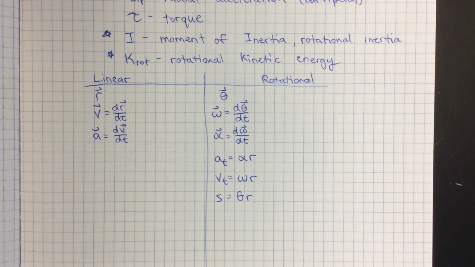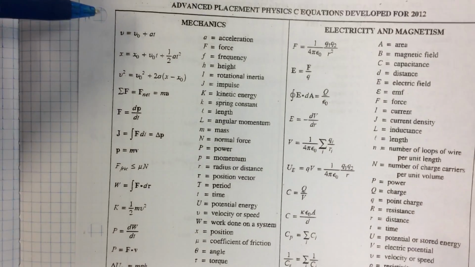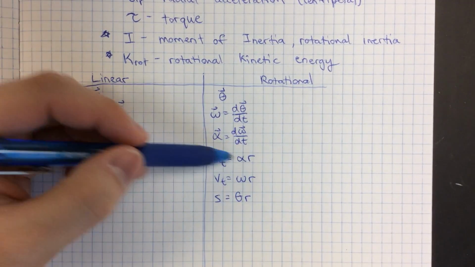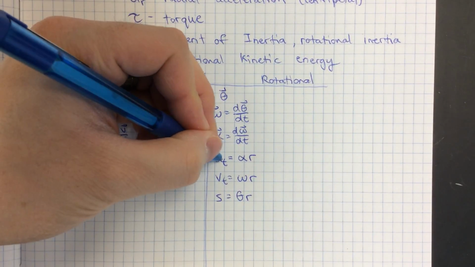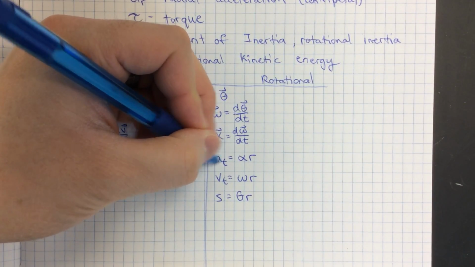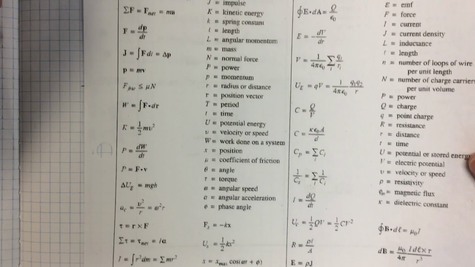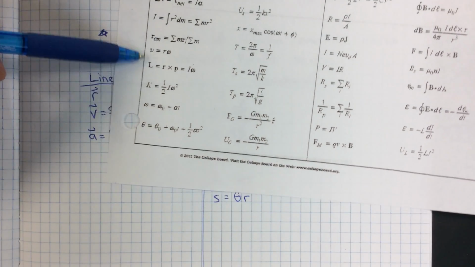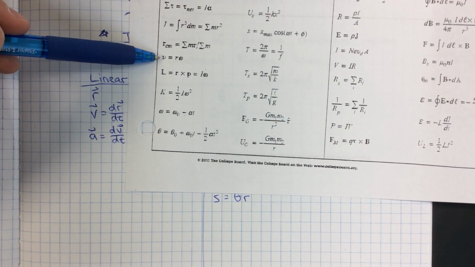Some of these equations are not on your equation sheet. If you can just memorize in general, your linear tangential part is related by R, pretty much multiplying the angular one by R. If I look at the equation sheet, there's this one, and then that's it.